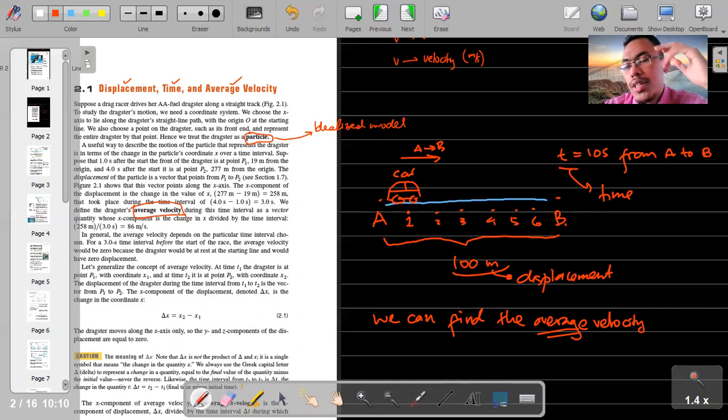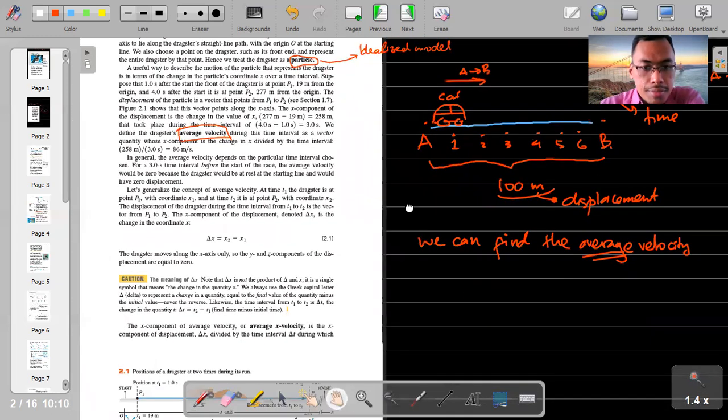So in real life, the velocity of particles, or in this case a car, can be different at any point. So the average means we try to find the average value of velocity from point A to point B, without considering the velocity at points 1, 2, 3, 4, 5, 6, and so on. So this is called the average velocity.